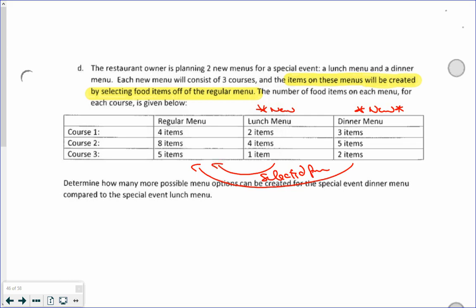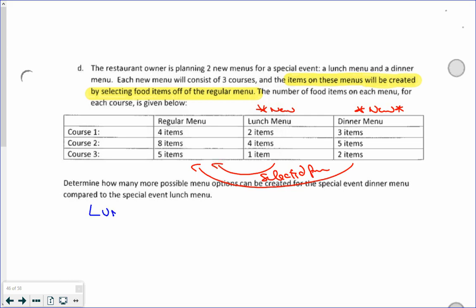So the regular menu has 4 items for course 1. The lunch menu is only going to have 2 of them. So let's say this one was a soup, a salad, fries, and potato skins. This might only have the soup and the salad. Okay. Determine how many more possible menu options can be created for the special event dinner menu compared to the special event lunch menu.